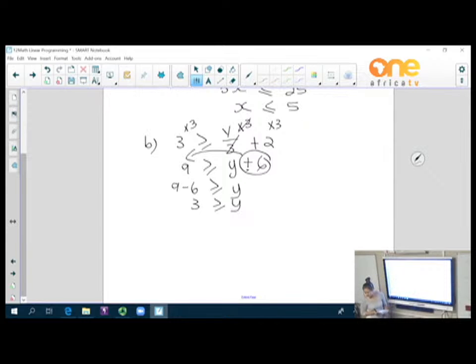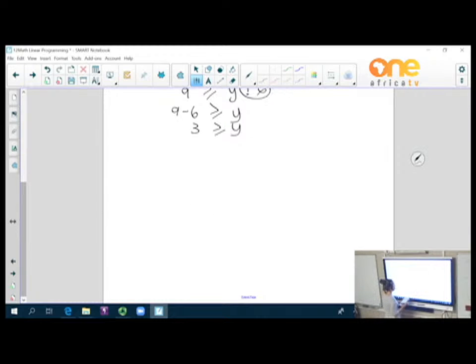Then for number 2, they ask you to find the range of the values for number A and number B. So let's look at 2a. 7 is less than 4y minus 1 is less than or equal to 15.